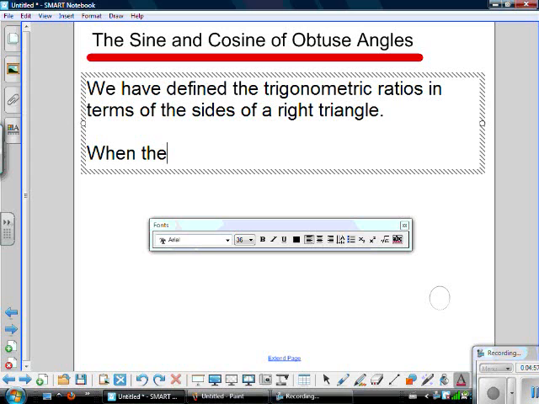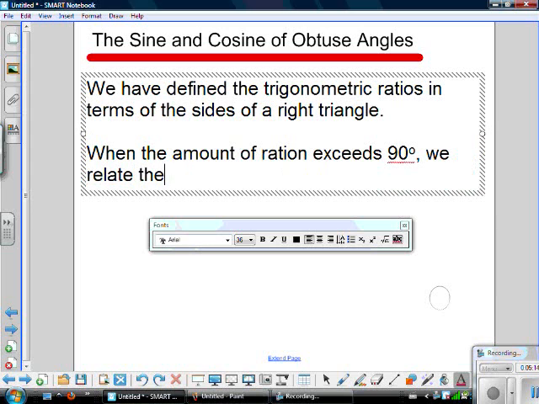When the amount of rotation exceeds 90 degrees, we relate the angle to a set of coordinates. Okay, so totally different kind of philosophy because we're talking about a set of coordinates.